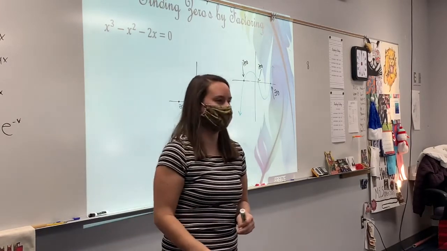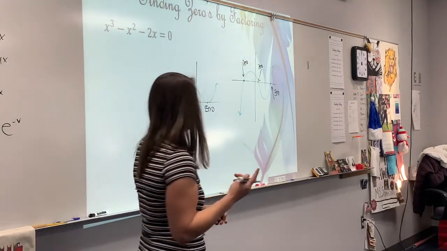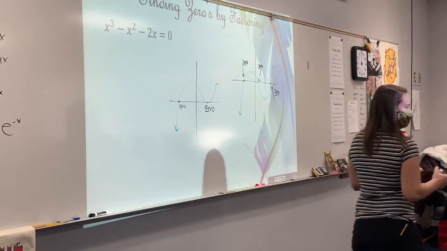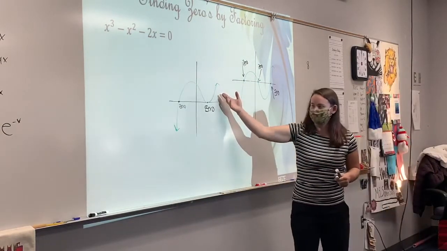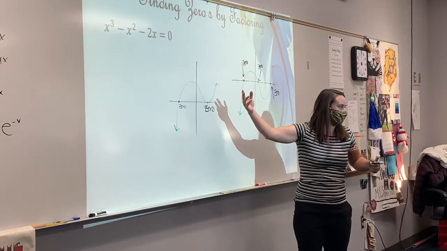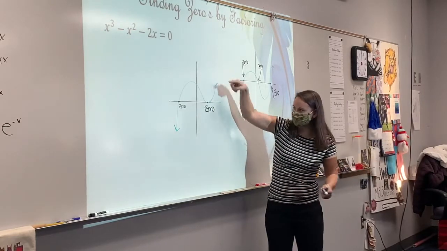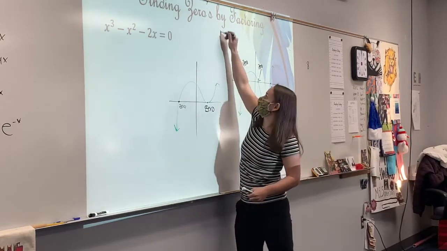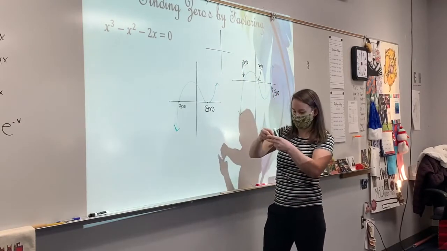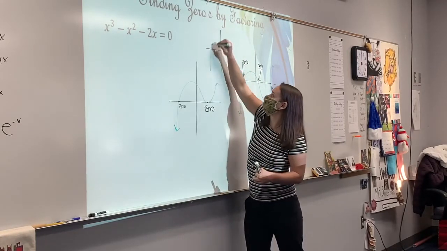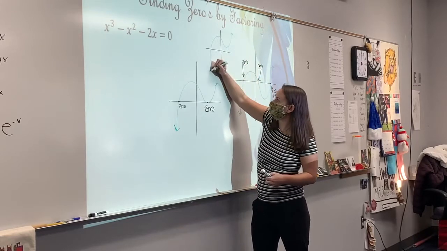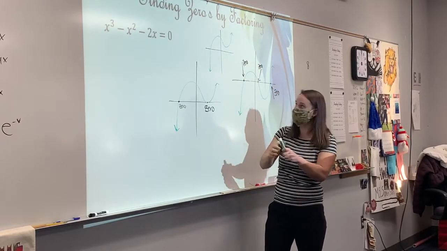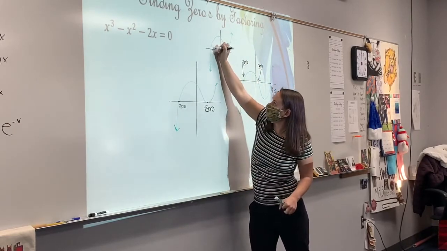Can you think of a case when there's only 1 zero? It would look exactly like this, but this thing right here would be moved up. So here would be a zero.